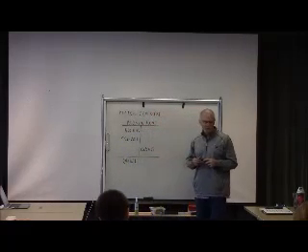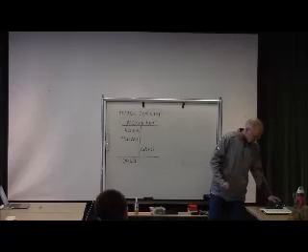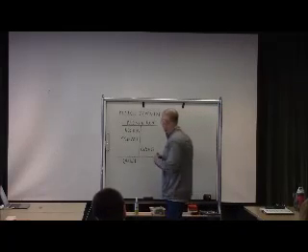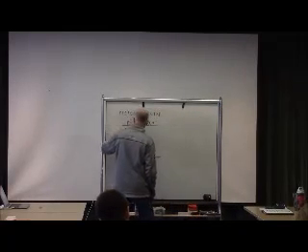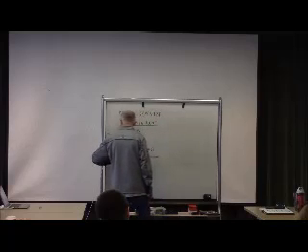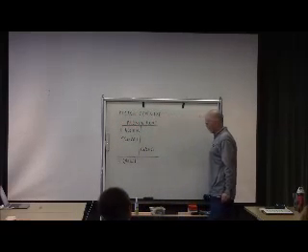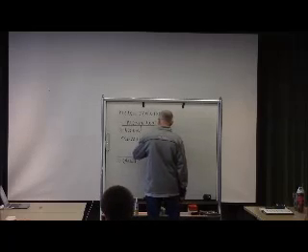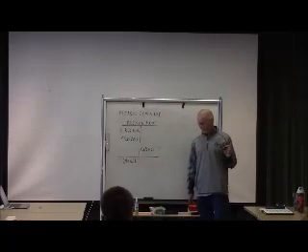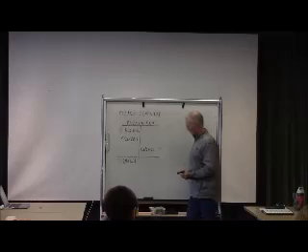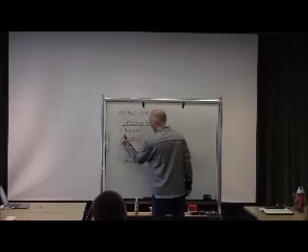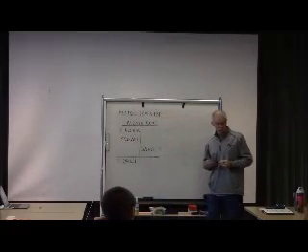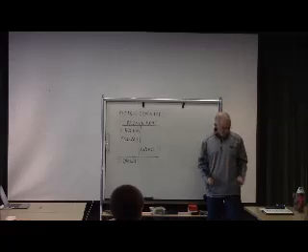We have an expense. So I get those two items from the beginning and ending balance sheet. I get that item from the income statement. And I solve for that item.